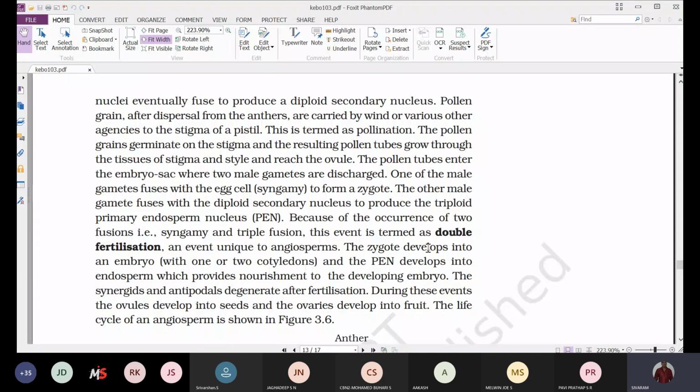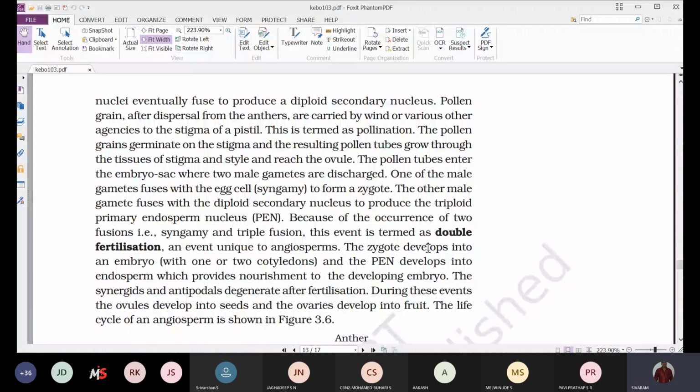So syngamy and the triple fusion together, we call a double fertilization. First fertilization, second fertilization; generative fertilization, vegetative fertilization; syngamy and triple fusion.